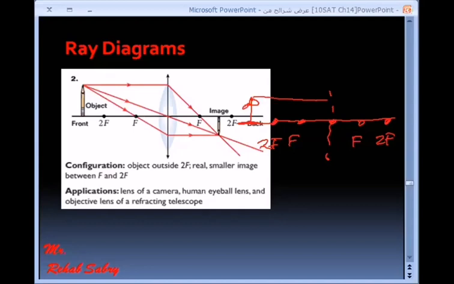The first line goes through the focus. The second line goes straight, so they meet each other here to form the image. I hope it's clear. Mr., can we use only two rays? Yes, we can use only two rays.